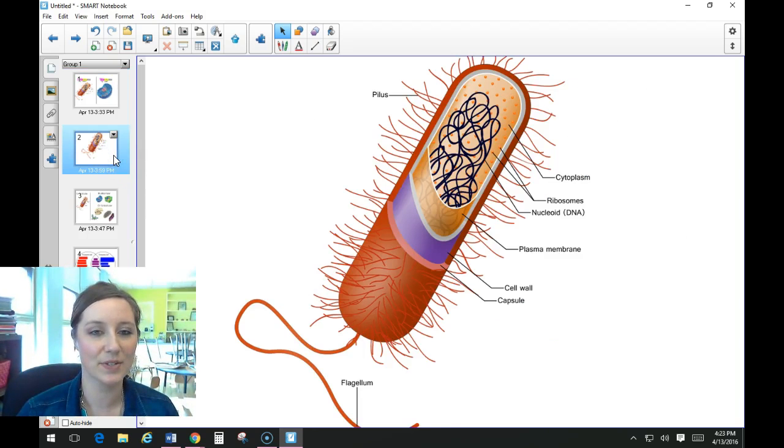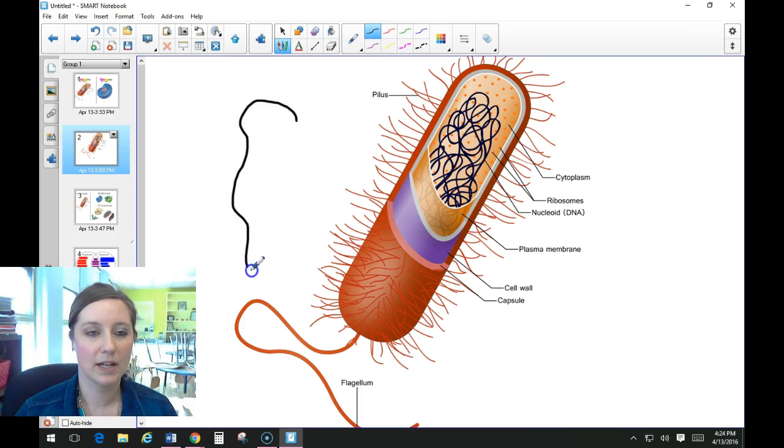Now, let's take a closer look at this little bacteria cell. We've taken a look at the DNA. If you take a close look at this DNA, it looks kind of tangled right now, but if we were to untangle it, the DNA is actually in a loop. So we could untangle that DNA and it would be in a circle.